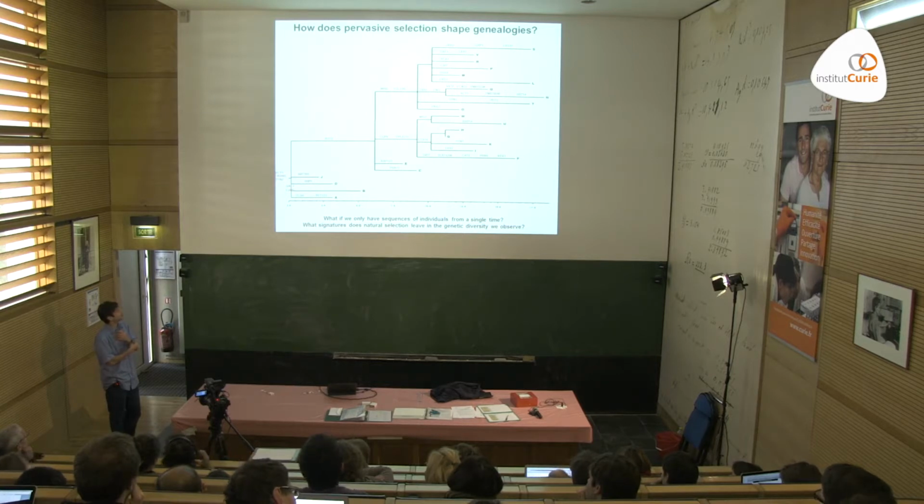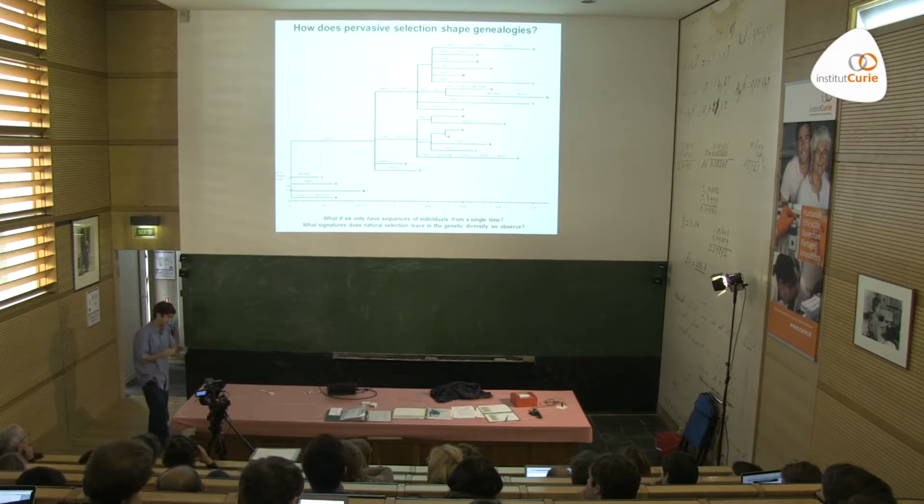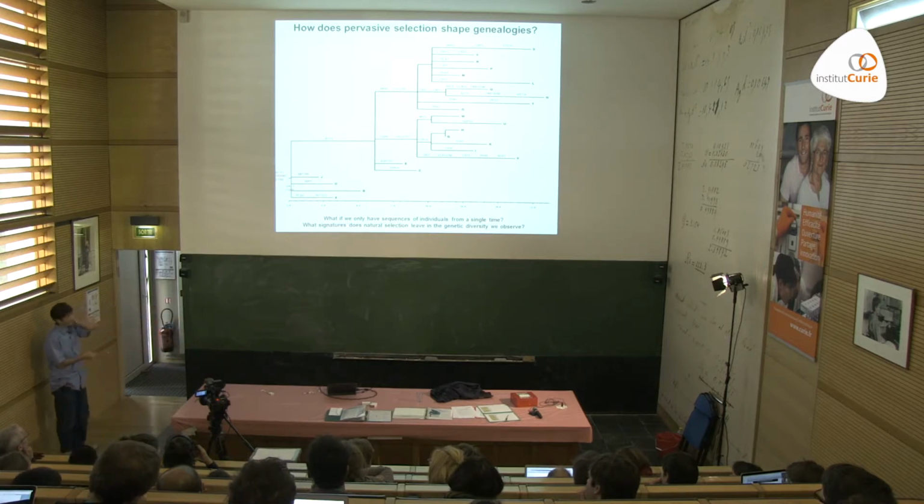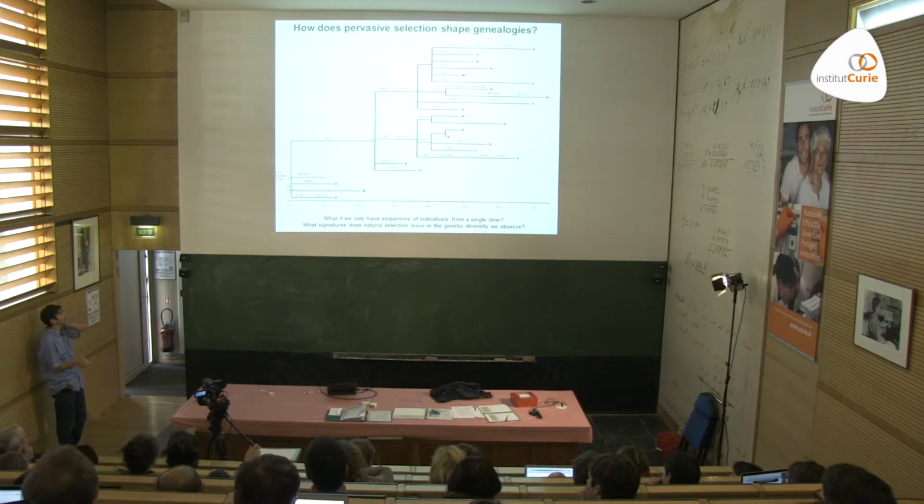So one of the things I've been working on a lot with Alex and with others, and we've been looking at experimentally as well, is how we understand what this kind of variation looks like when we have sequences of individuals from a single time point.